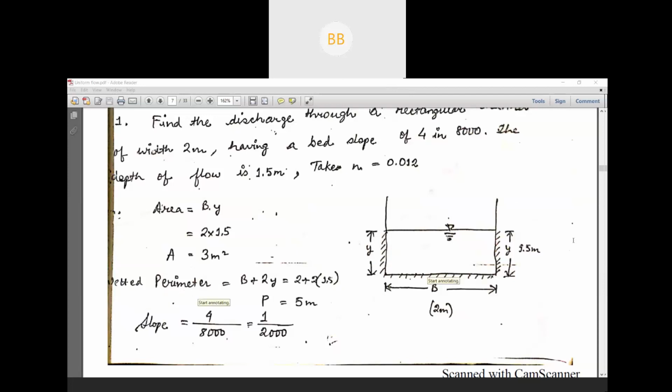So the wetted perimeter is nothing but the perimeter of the channel up to the level of water. If you consider the wetted perimeter of this rectangular section, we have to add this portion, then this portion, and again this portion. That is y plus b plus y, or you can write b plus twice y for a rectangular channel.